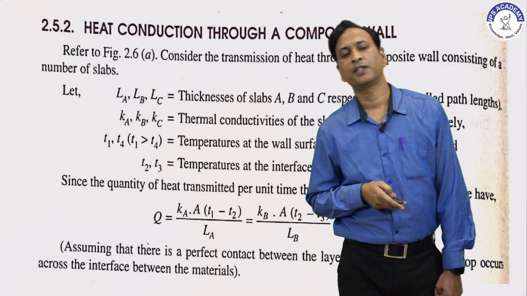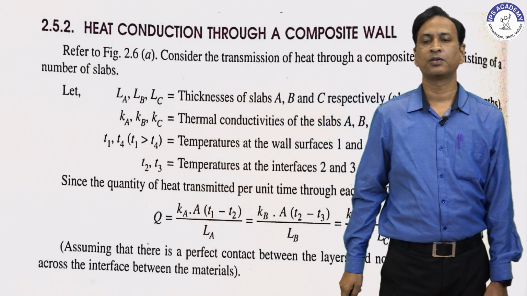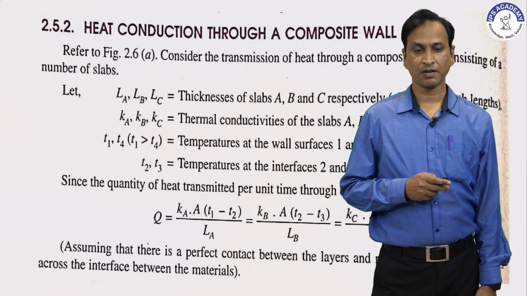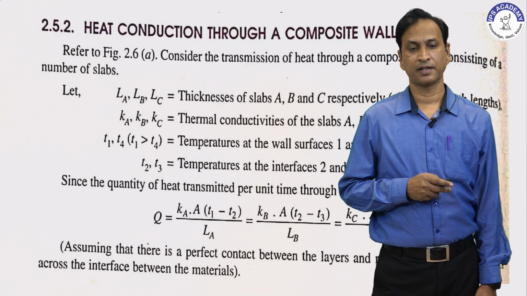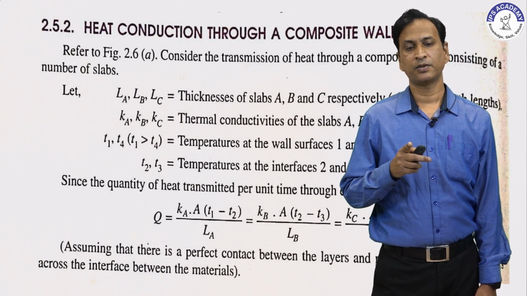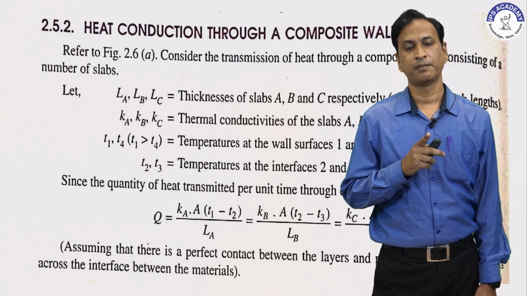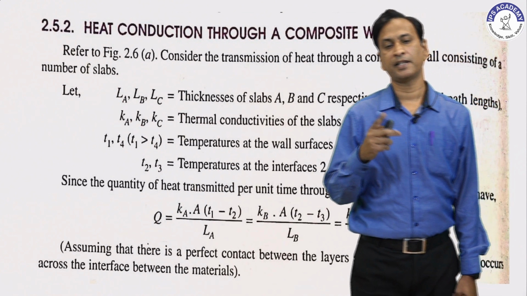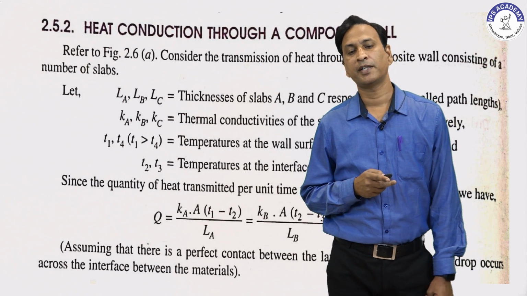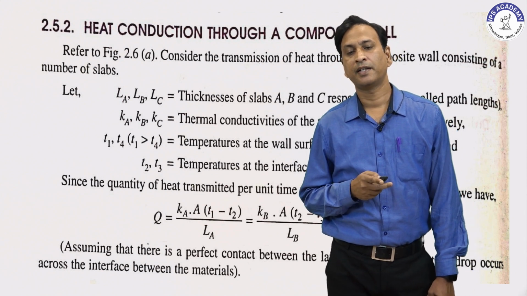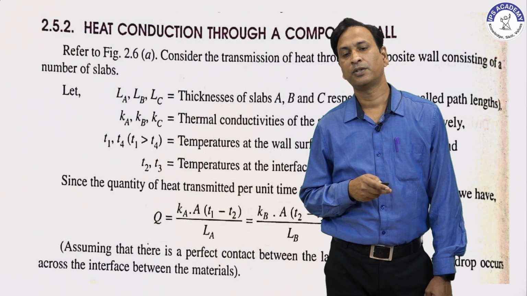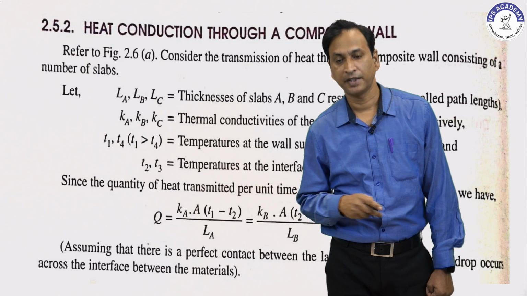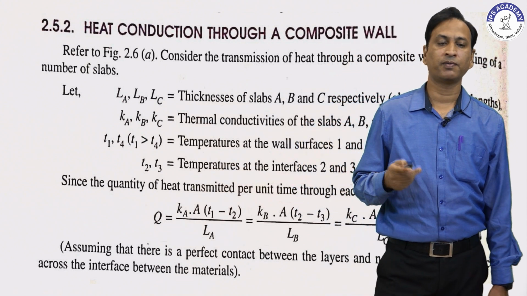Since the quantity of heat transmitted per unit time through each slab is the same, by Fourier's law of heat conduction we have Q equal to Ka into A into T1 minus T2 for the first slab divided by LA, and for slab B, Kb into A, T2 minus T3 upon LB, and for slab C, Kc into A, T3 minus T4 divided by LC.